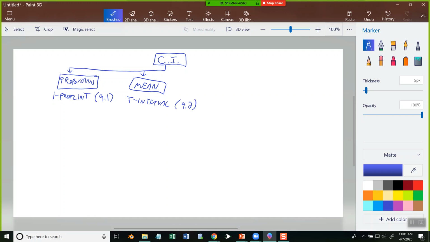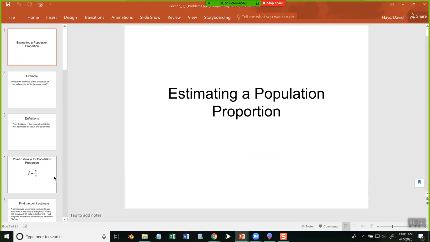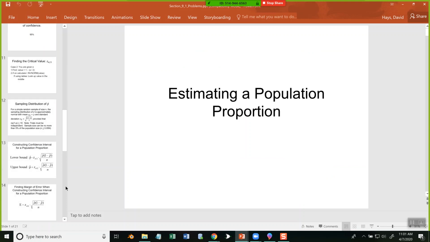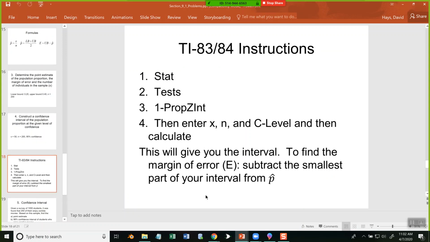And I should show you where the slides are. Okay, 9.1, how to use that was located right here. So these are the instructions for 9.1.